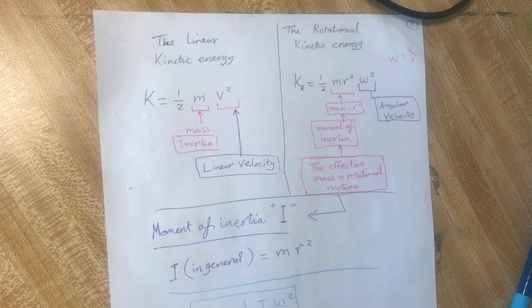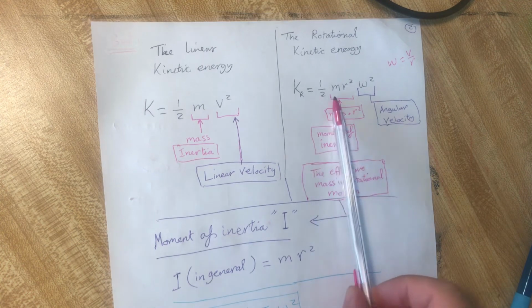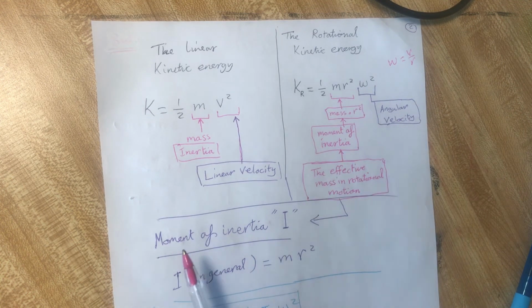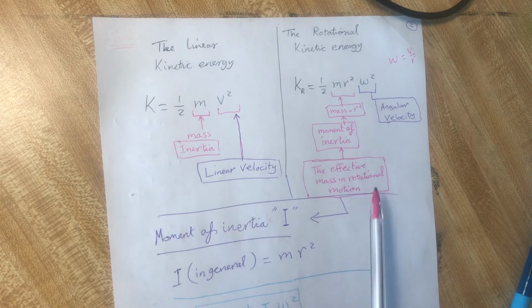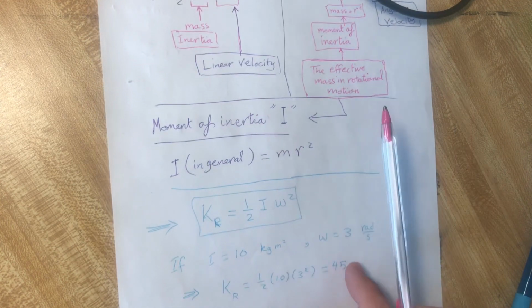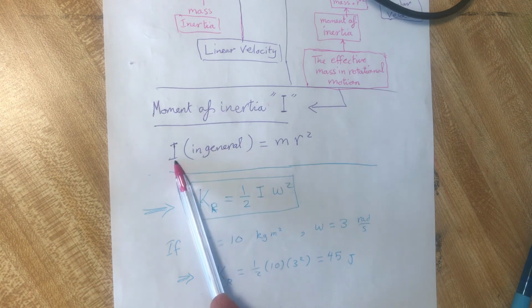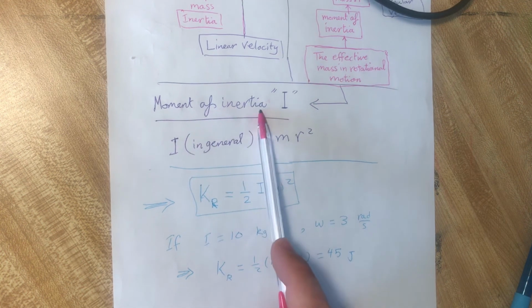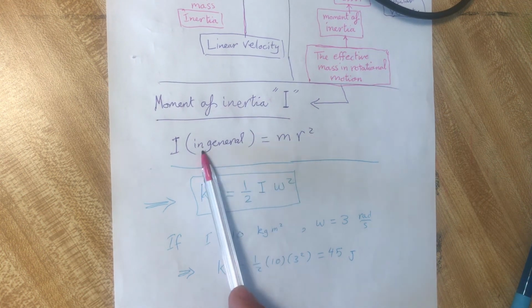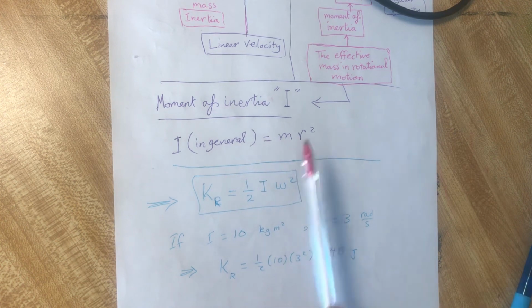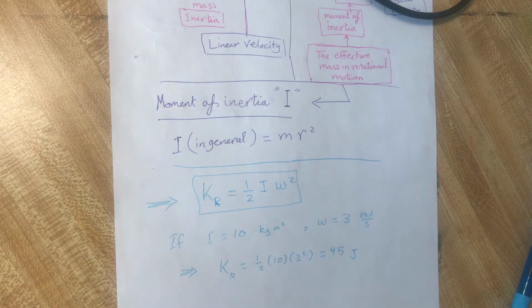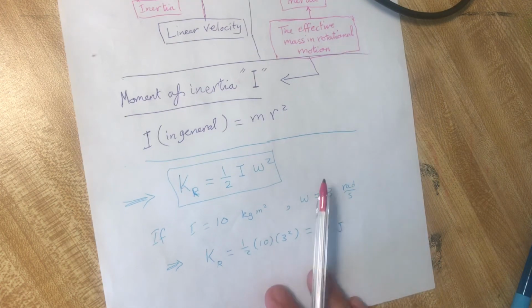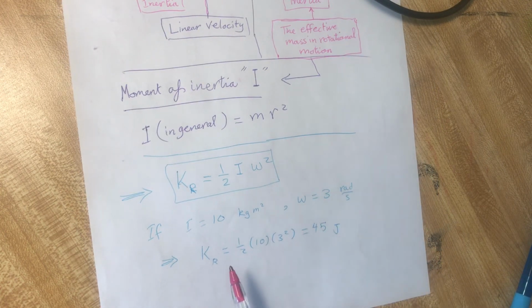So m r squared, in general, we can call it moment of inertia, which is the effective mass in rotational motion. Now I, which is the moment of inertia, in general is equal to m r squared, and that depends on the shape of the body. We will see that in the next video.